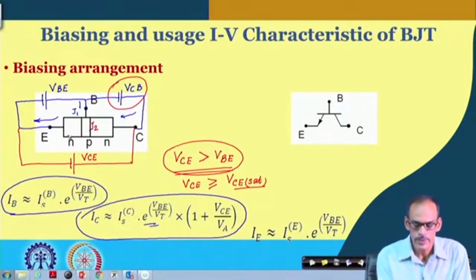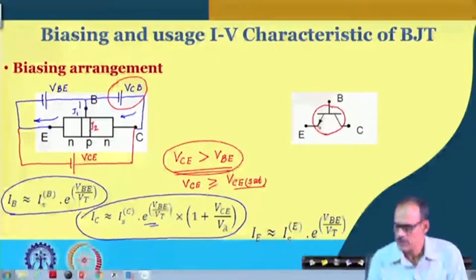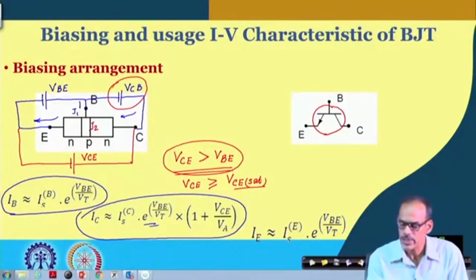So, in our circuit, instead of using this view, we may prefer to use the symbol of the device. Here we have the symbol of the BJT NPN transistor and its corresponding bias, as we said: we have VBE and VCE.